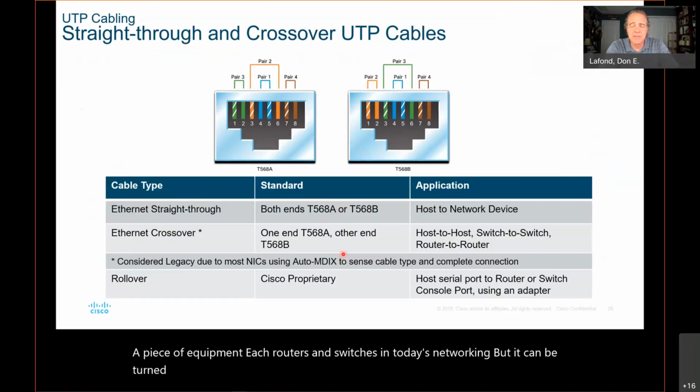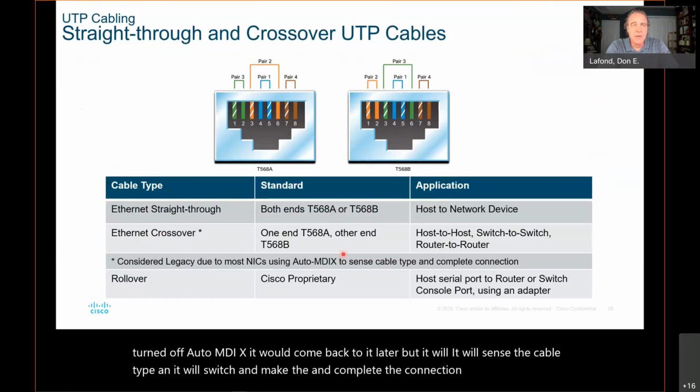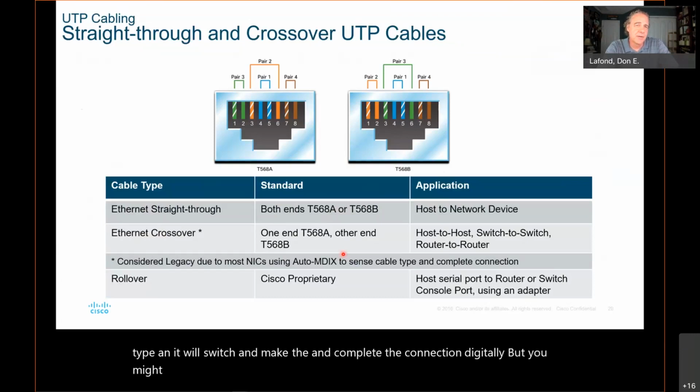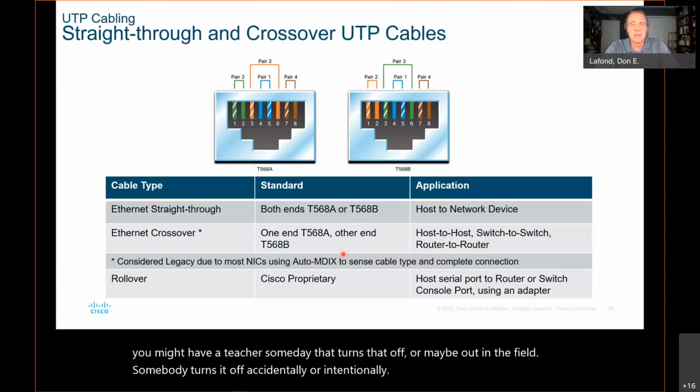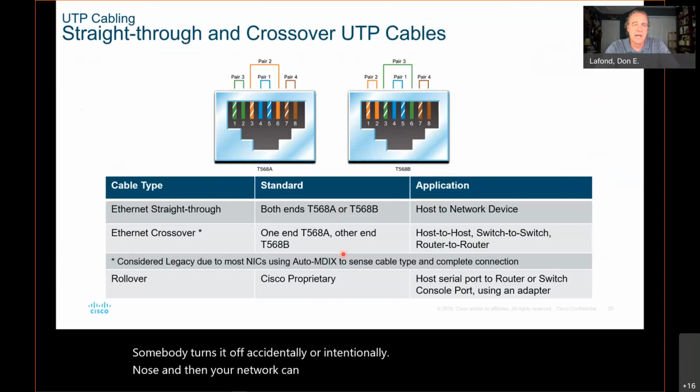Auto MDIX, and we'll come back to it later, will sense the cable type, and it will switch and complete the connection digitally. But you might have a teacher someday that turns that off, or maybe out in the field somebody turns it off accidentally or intentionally, who knows, and then your network can't come up. You'd hate to troubleshoot for hours just to find out that it was just auto MDIX turned off.